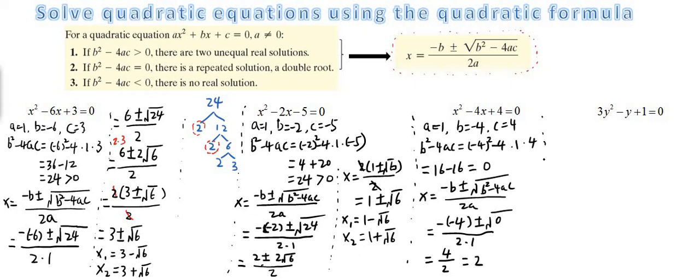Now let's take a look at the last example. For the last example, we're going to follow the same procedures. A equals 3, b equals negative 1, c equals 1. Okay, and then we're going to calculate b squared minus 4ac.